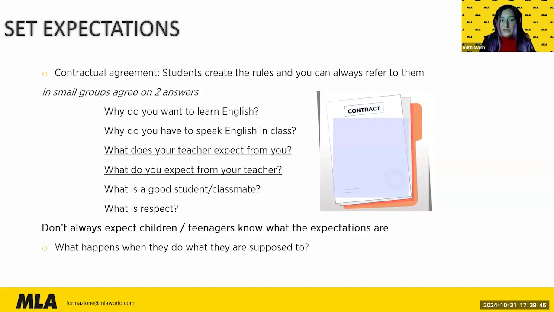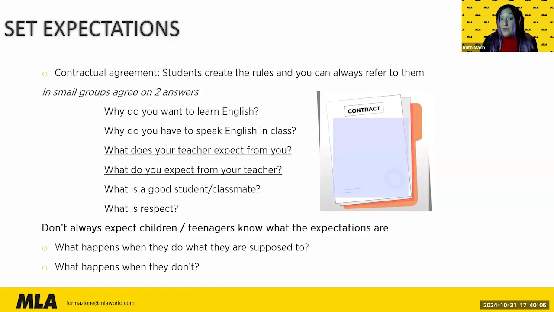Great. And what happens when they do what they are supposed to? Let's give them a reward. Let's praise them. Let's tell them, hey guys, you've done great. The contract, fantastic. And what happens when they don't? Are there consequences? You can set them up, and it works fantastically well.